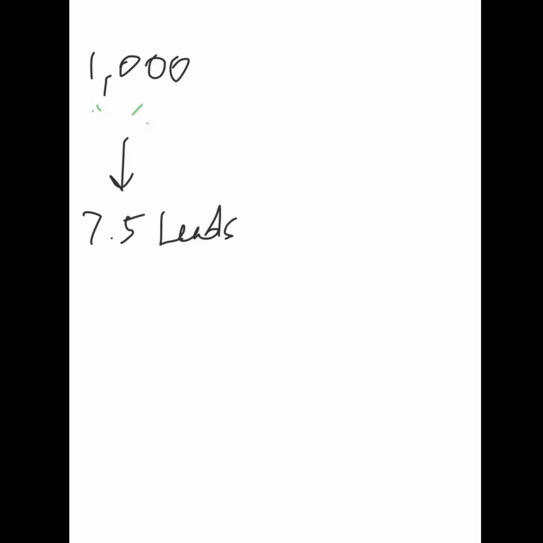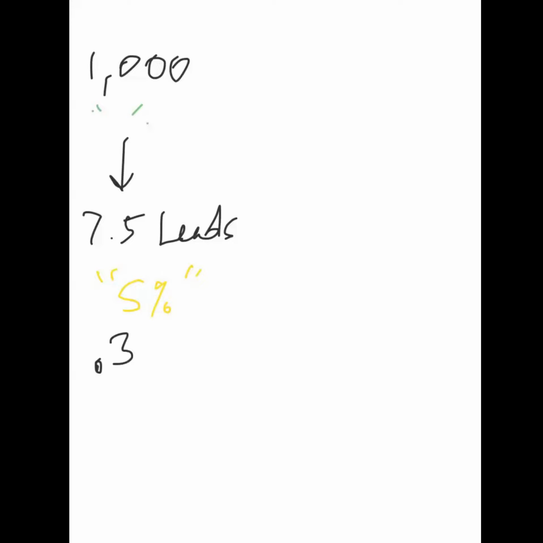Now remember, every lead that you get, you want to make an offer. And there's a certain percentage of people that are leads that are going to say yes. Remember, it's only 5% of your offers that will be accepted. So if we do the math here on 7.5 leads, that's not even a full deal.